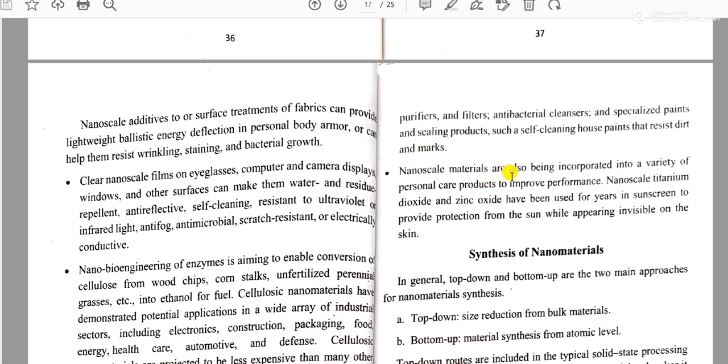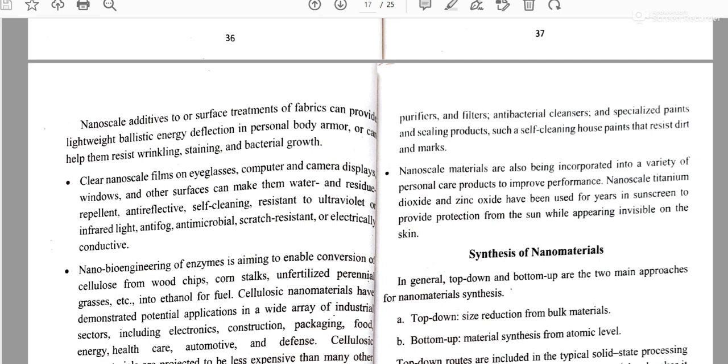The nanoscale materials are also being incorporated into a variety of personal care products to improve performance. The nanoscale titanium dioxide and zinc oxide have been used for years in sunscreen to provide protection from the sun while appearing invisible on the skin. So here is a list of applications of nanomaterials or nanotechnology in various fields.